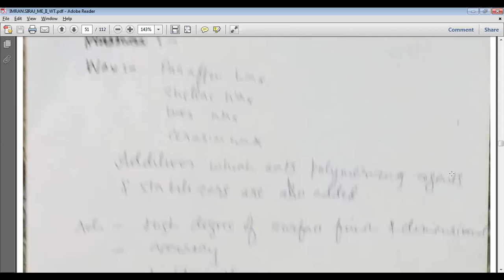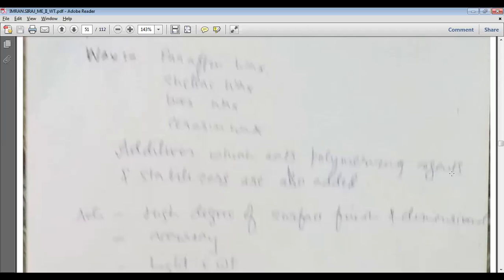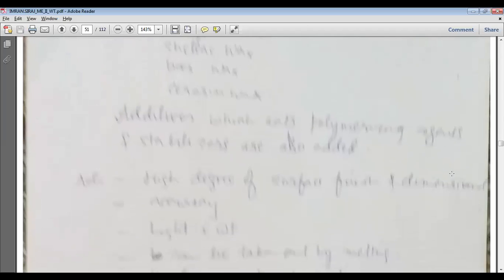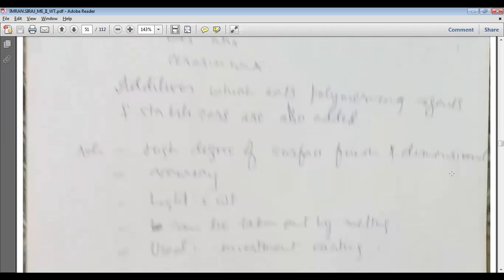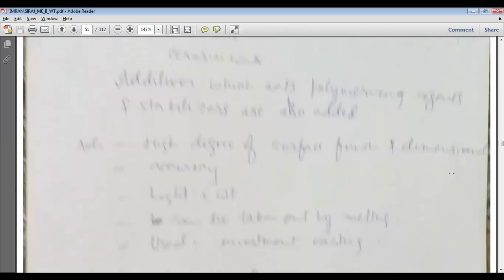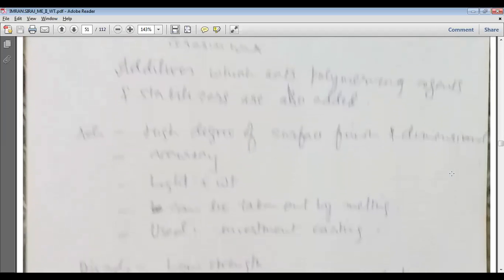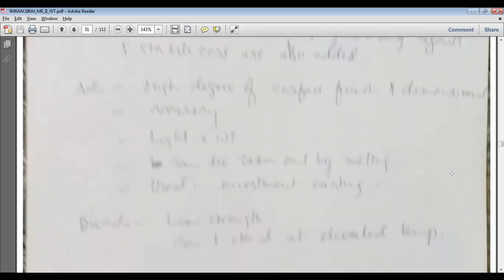The advantages: high degree of surface finish and accuracy, lightweight, and they can be molded into any shape. These are basically used for investment casting.